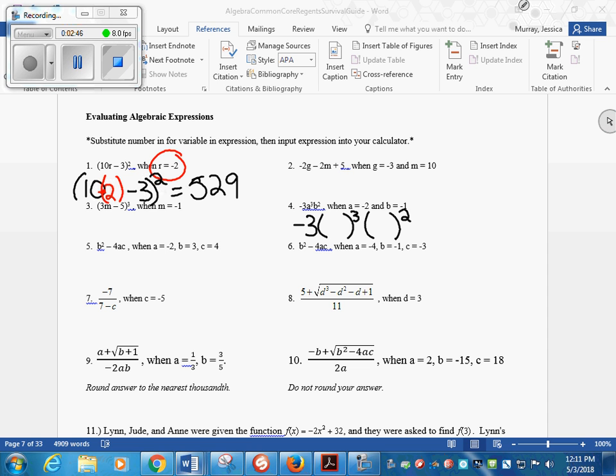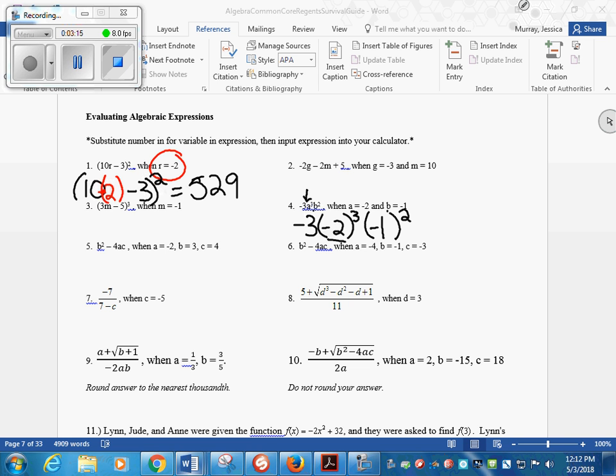So I took out both the letters and now I'm going to plug in their numbers. So be careful because these are 2 different letters. There's an A there and there's a B there. So in the first spot, it was an A, so now I'm going to plug in what? I'm going to plug in that -2. And for the B, I'm going to plug in -1.